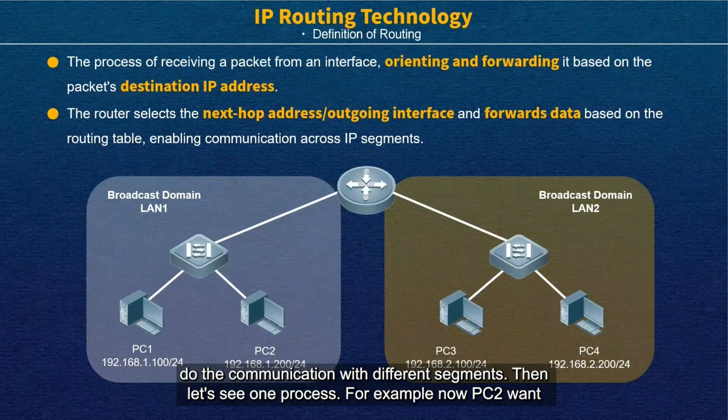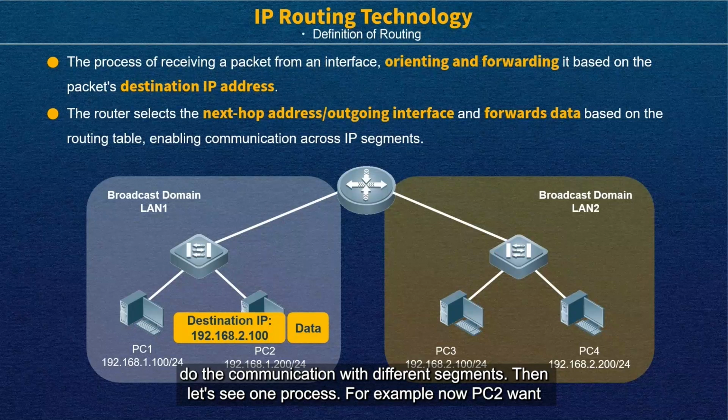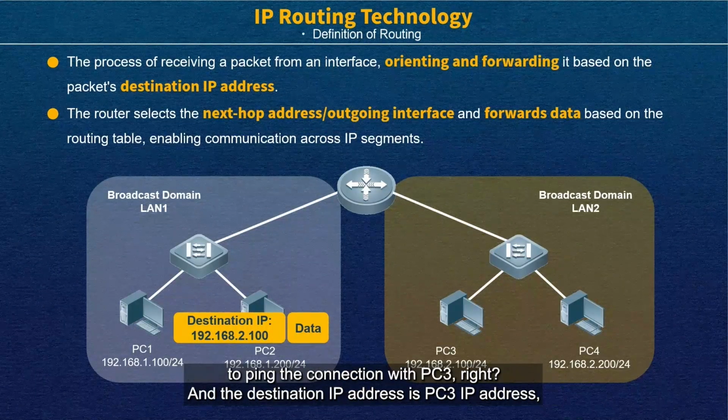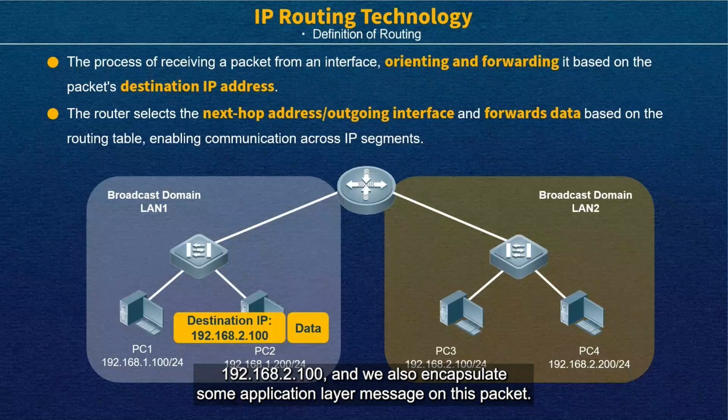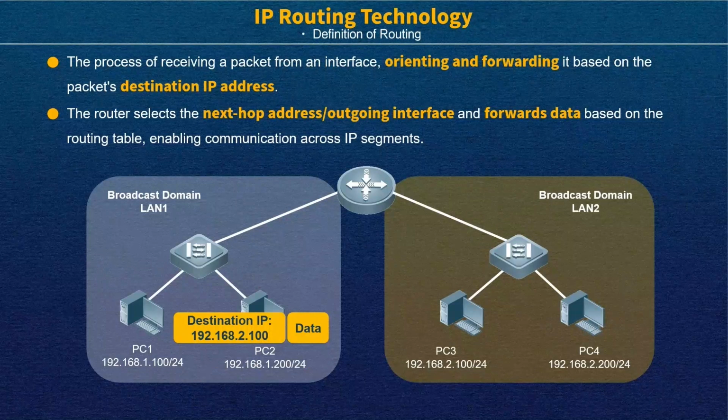Then let's see one process. For example, now PC2 wants to ping PC3, right? The destination IP address is PC3's IP address, 192.168.2.100. And we may also encapsulate some application layer message in this packet.